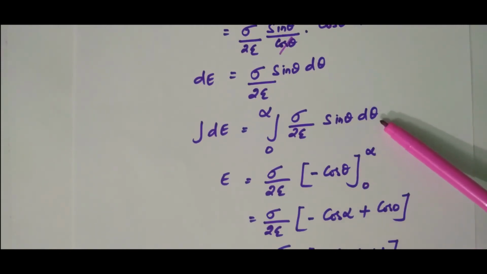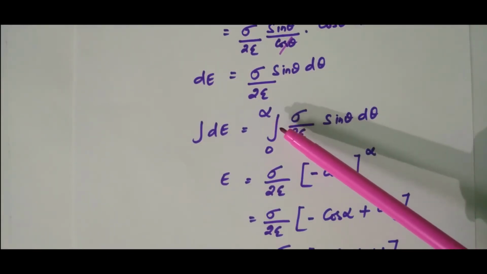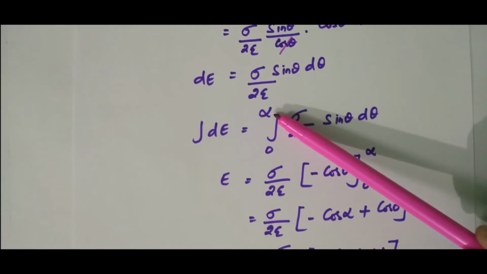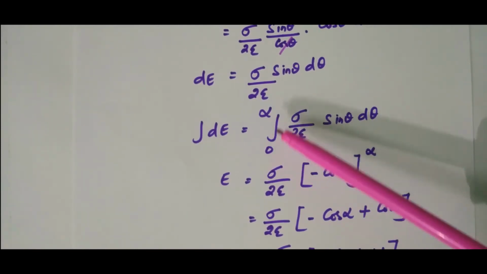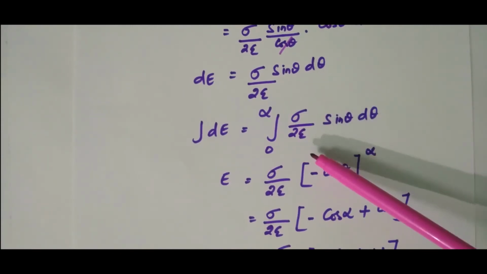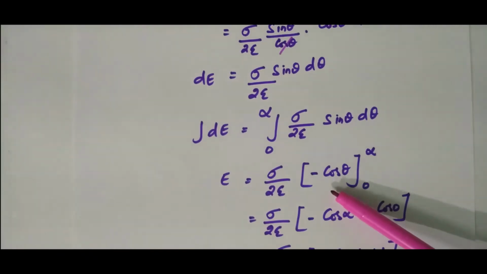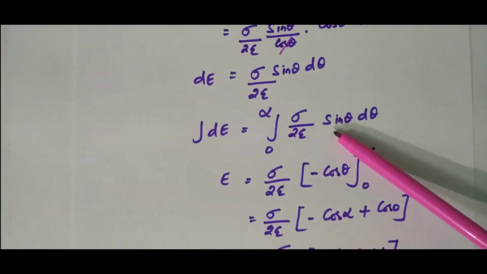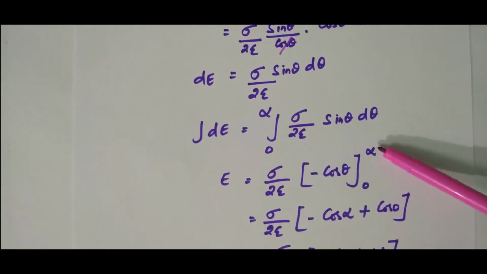But since the integration is with respect to theta, we consider the angle alpha. When the radius increases, alpha also increases. So we take the limit 0 to alpha, equivalent to 0 to a. Sigma divided by 2 epsilon is constant. Only sin theta remains. The integral of sin theta is minus cos theta.